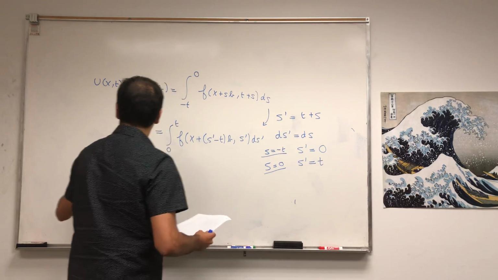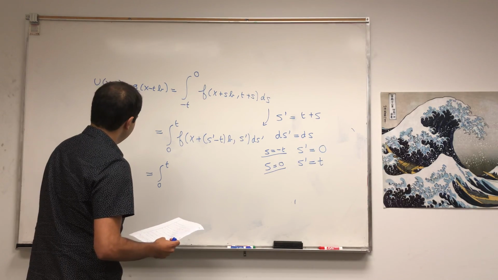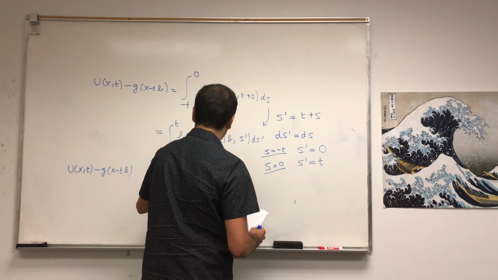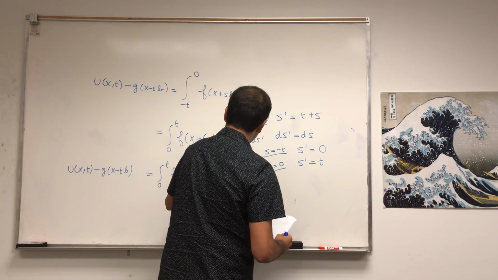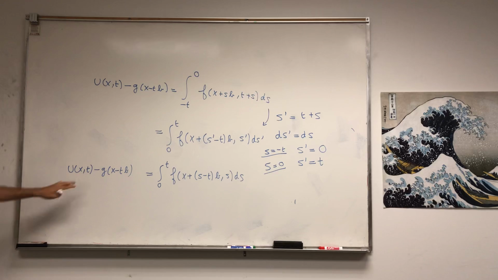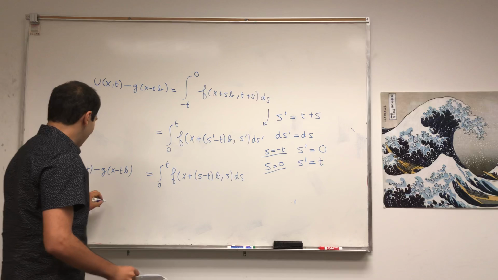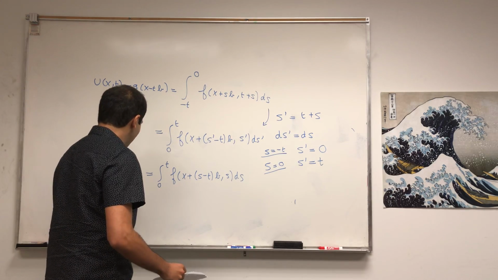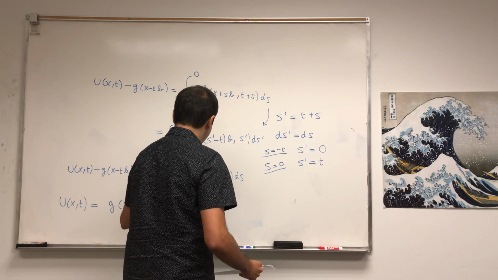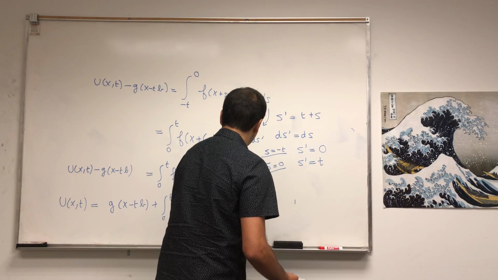And so we get, again, u of x, t minus g of x minus tb is the integral from 0 to t of f of x plus s minus tb, s ds. And as I said, the magic of this is that our solution, whatever it is, pops up. So then u of x, t is g of x minus tb plus the integral from 0 to t of f of x plus s minus tb, s ds.